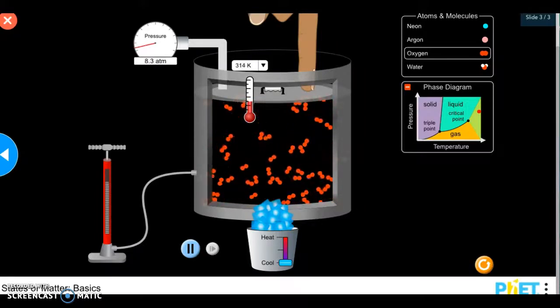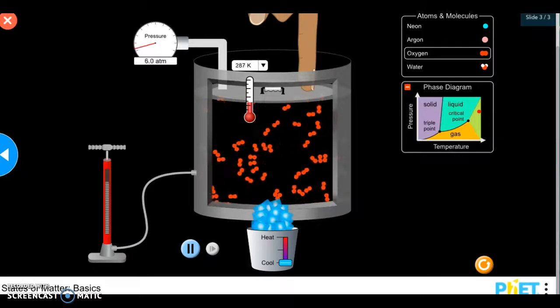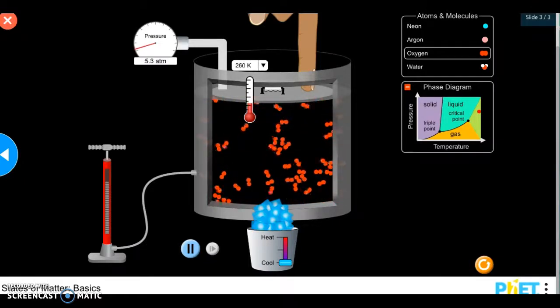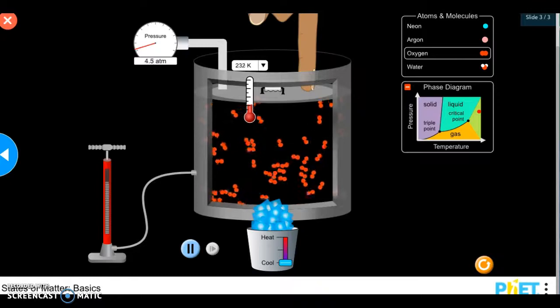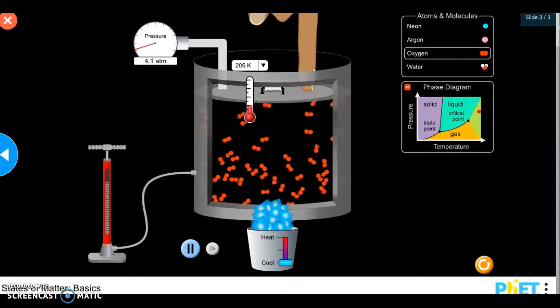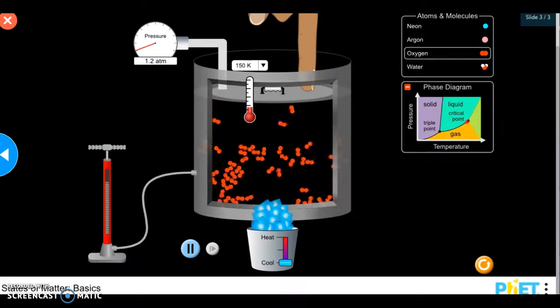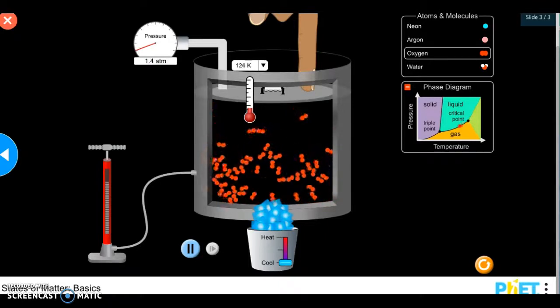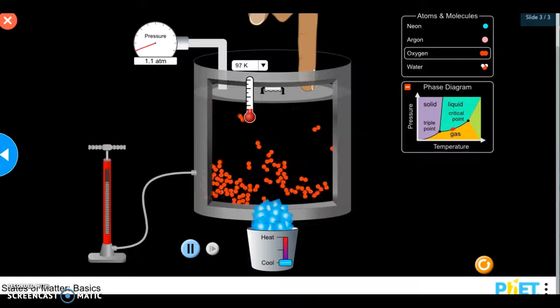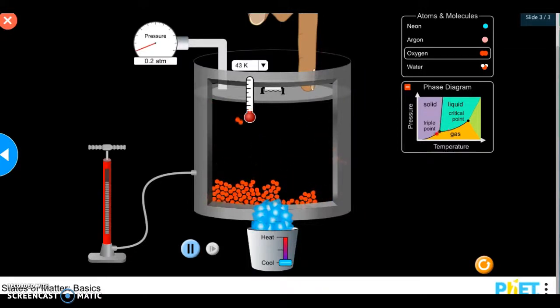And soon enough, they're going to form into a liquid and then a solid. There we go. You can see that these bonds are coming closer together. They're becoming stronger bonds. And now this is a very strong bond.